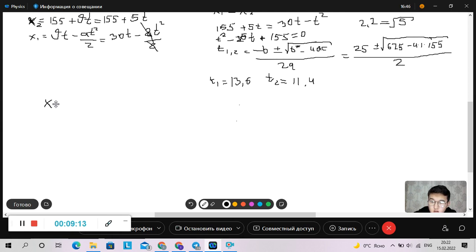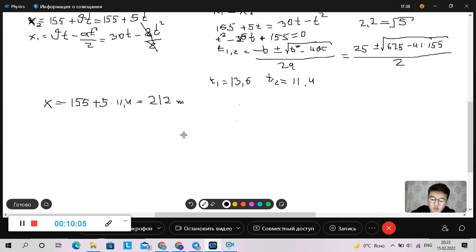And I will write x: 155 plus 5 multiplied by 11.4 is equal to 212 meters.